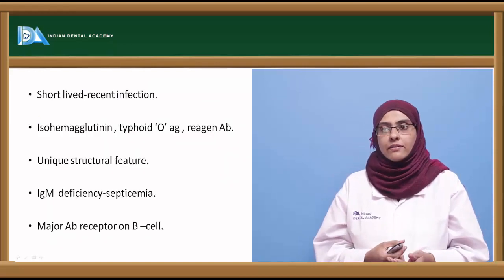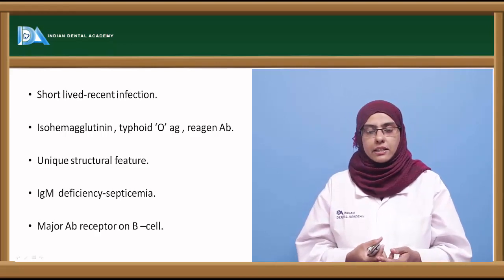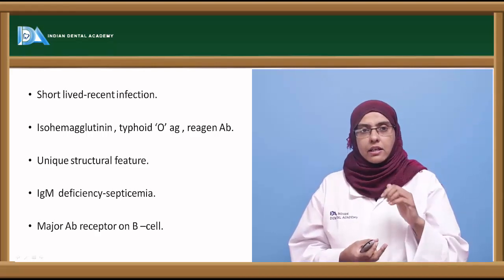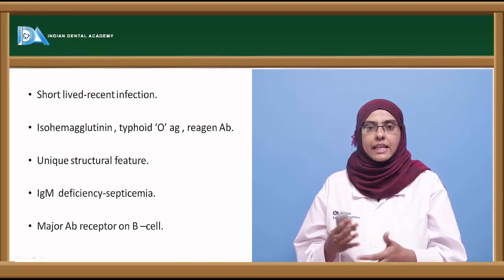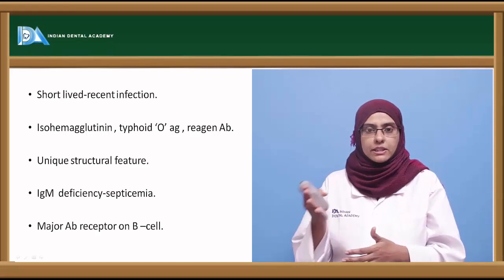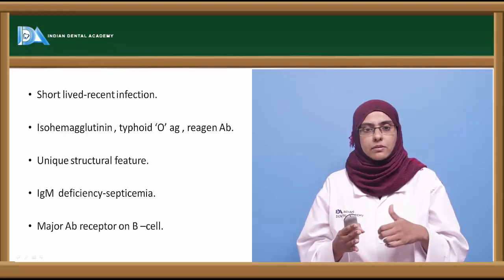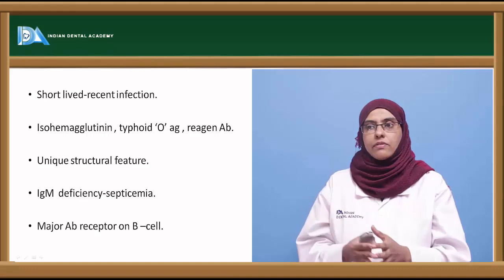It is short-lived, as told, and shows a recent infection, and it is an isohemagglutinin, that is, a person with the A blood group will have anti-B antibodies. These antibodies are produced by cross reaction with the intestinal flora. So these are the antibodies that are of IgM type.